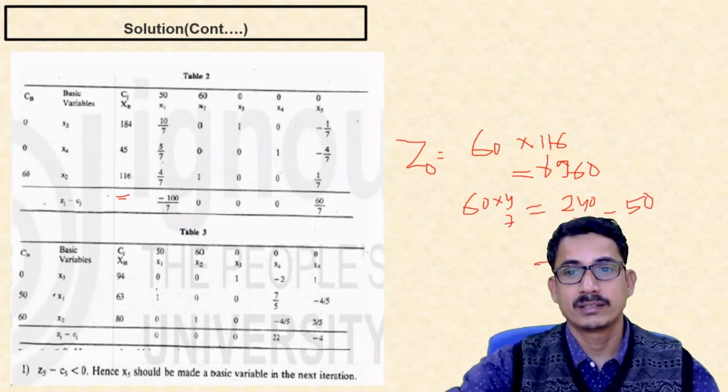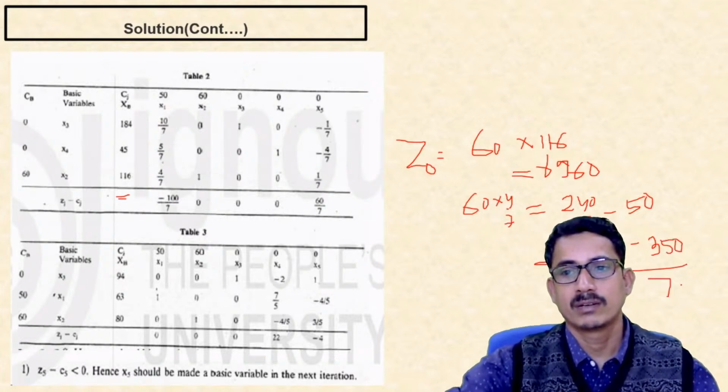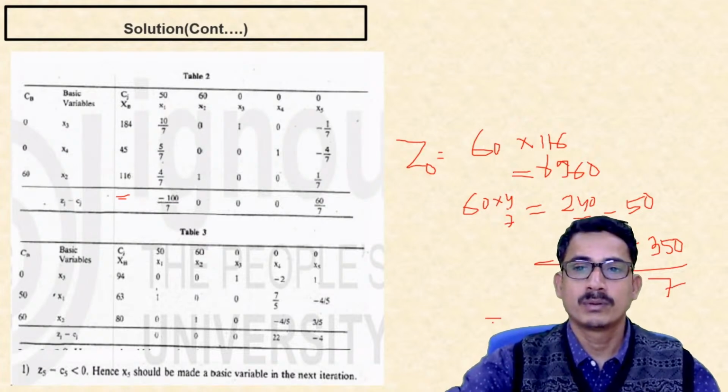What do you get? Now 240 minus 350 divided by 7, which is equal to minus 110 by 7. Check.